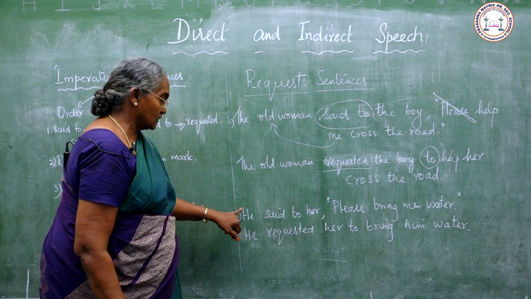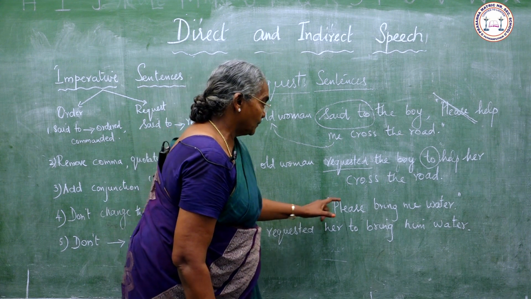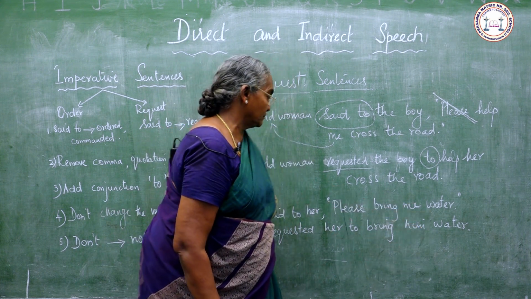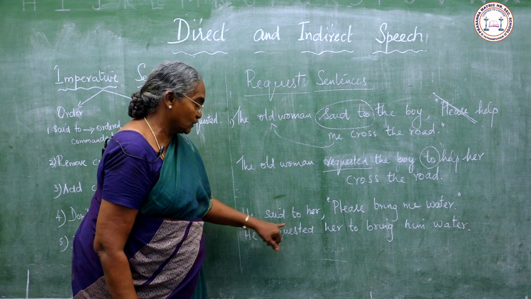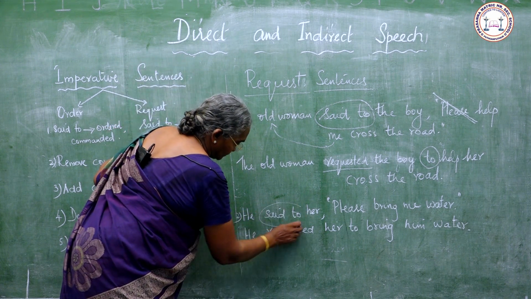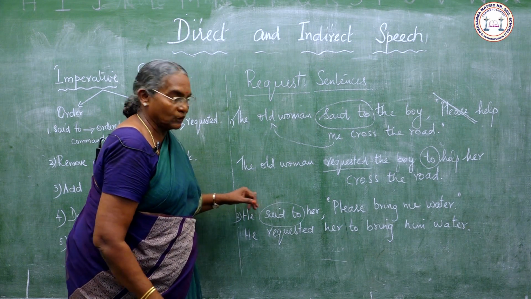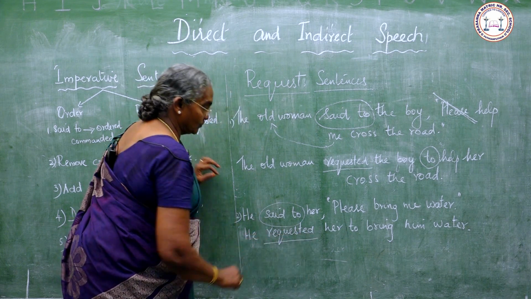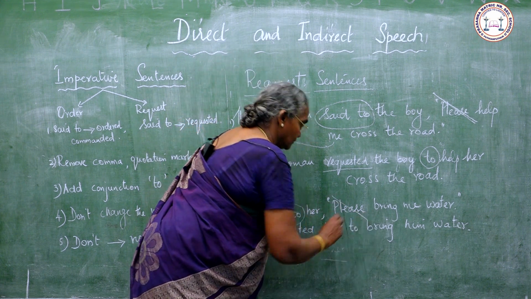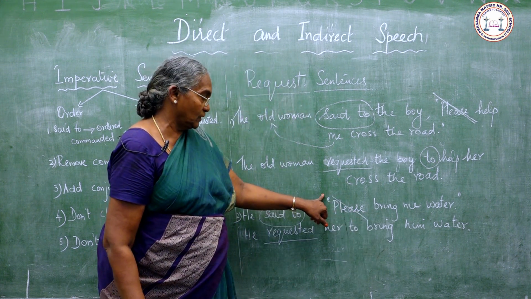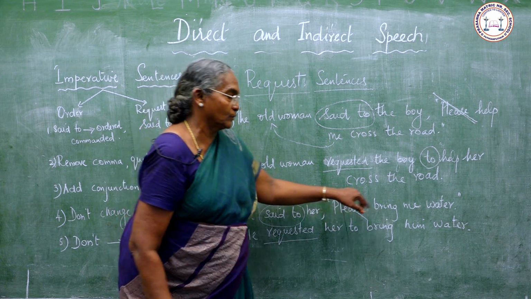Next sentence: he said to her, "Please bring me water." This is also a request sentence. Said to is changed into requested. Please, we have to remove please. We have to remove the comma and quotation mark.